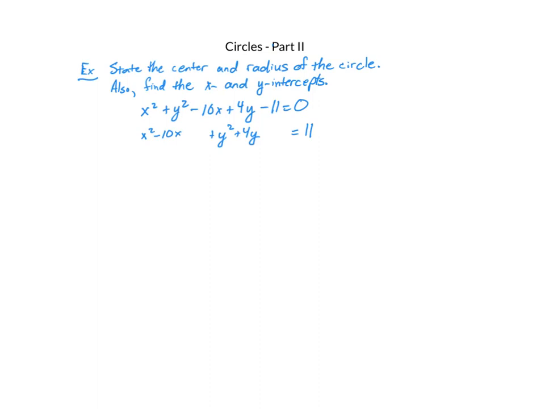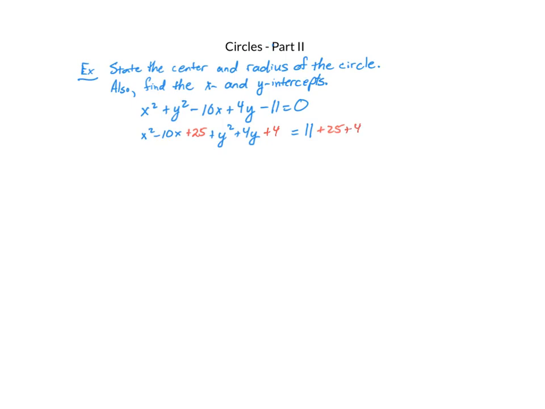So let's find our constants that we need to complete the squares. So right here I have a coefficient of -10. Half of -10 is -5. -5 squared is 25. So let's add 25 to both sides. Half of 4 is 2. 2 squared is 4. So we'll add 4 to both sides.